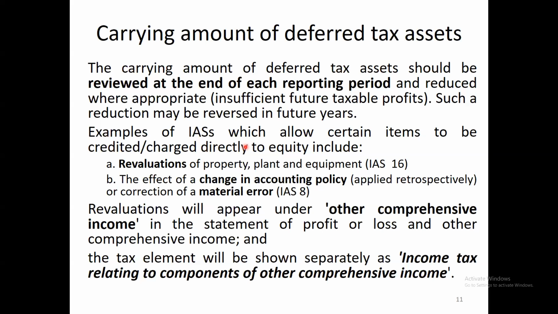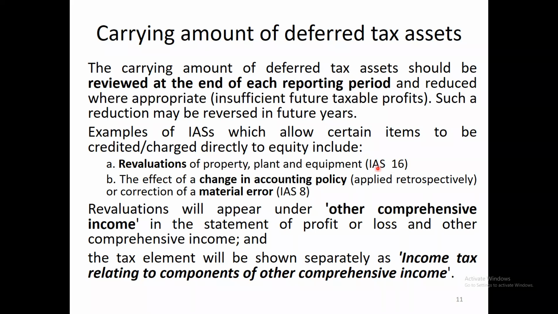For example, IAS cases which allow certain items to be credited or charged directly to equity. You may recall revaluation of assets. You might have studied revaluation of property, plant, and equipment.